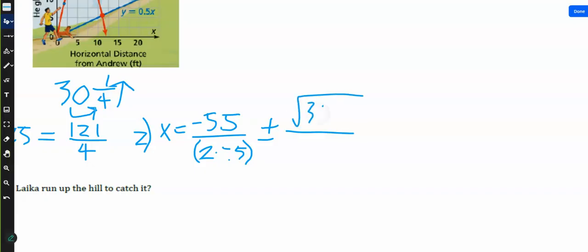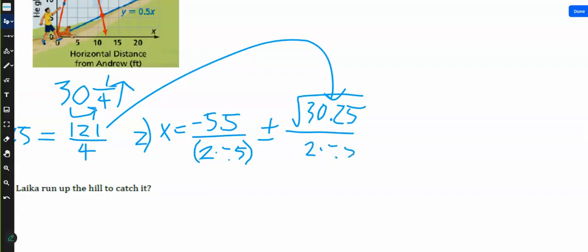Now, if you put that 30.25, or if you really want to put the fraction in there, you're going to get 11 halves or 5.5. Because 30.25 is the square of 5.5. 2 times negative 0.5.